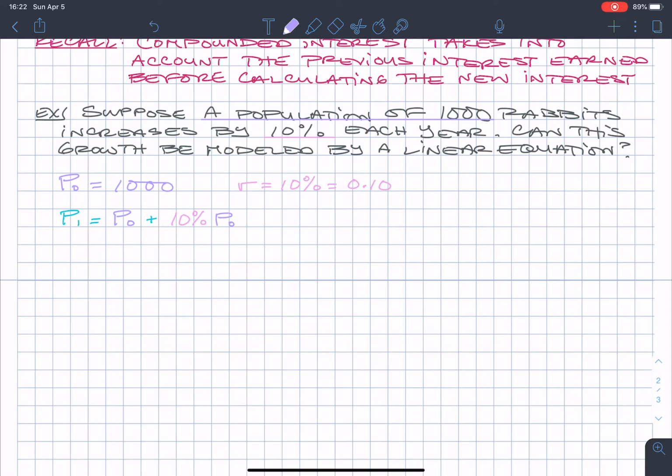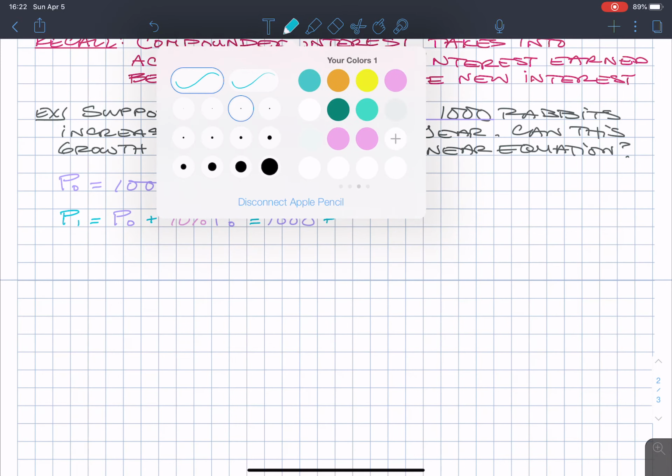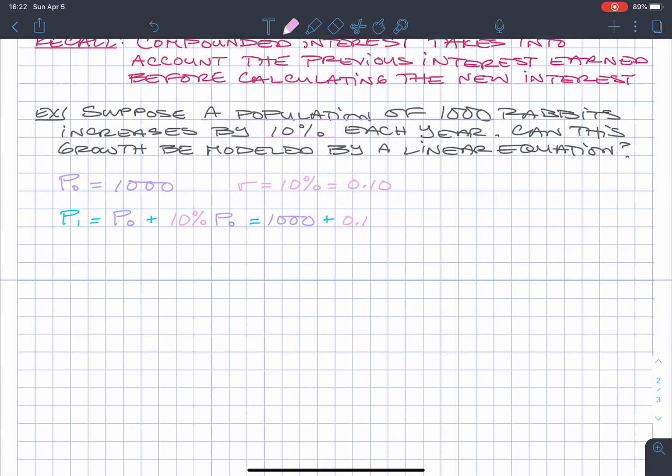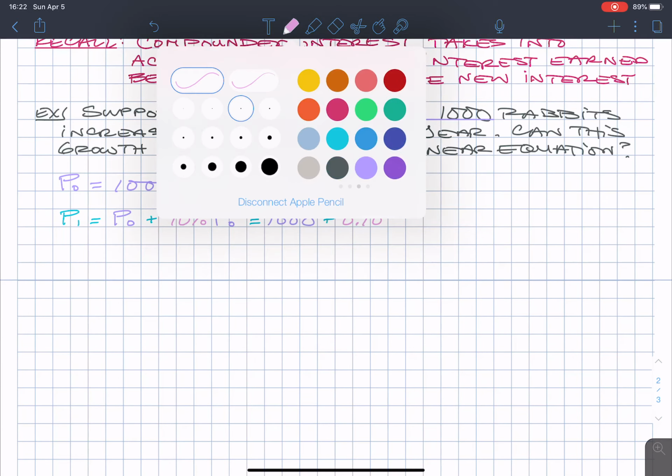So at the end of year 1, I should have 10% more than my initial amount. So I should have 1,000. It's 1,000 rabbits, not dollars. I don't have $1,000. I don't even have $10. Okay, plus 0.1 times 1,000.